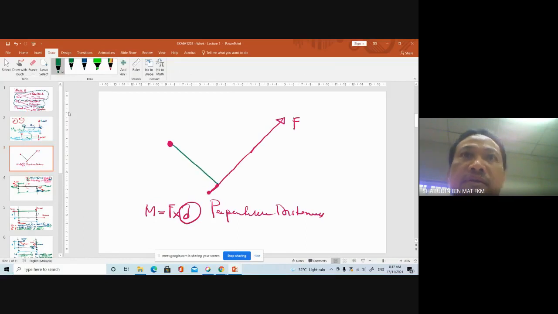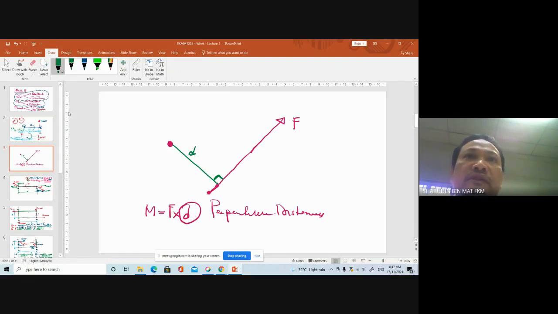This is the d actually. It's the perpendicular distance, even if the force is started further downward.